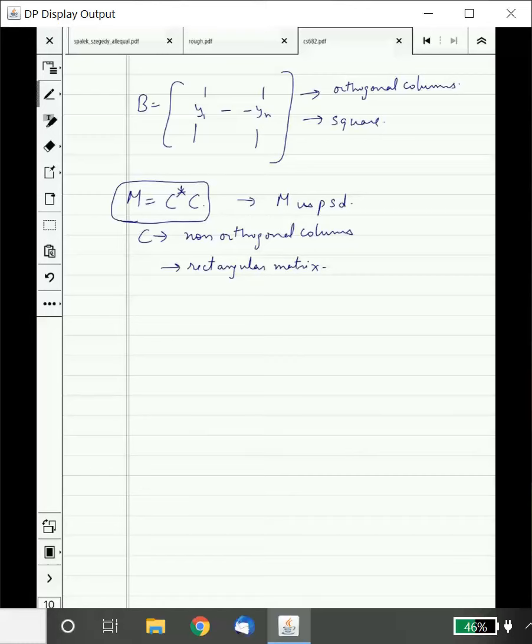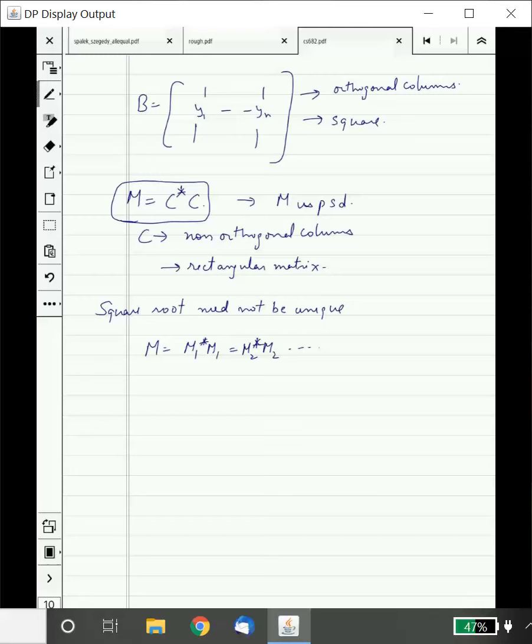If you have some confusion, that will go away when you notice that the square root need not be unique. In general, there can be many matrices such that M is equal to M1 star M1, M2 star M2, and so on. Though one particular square root is very nice, the one which we constructed in the proof.